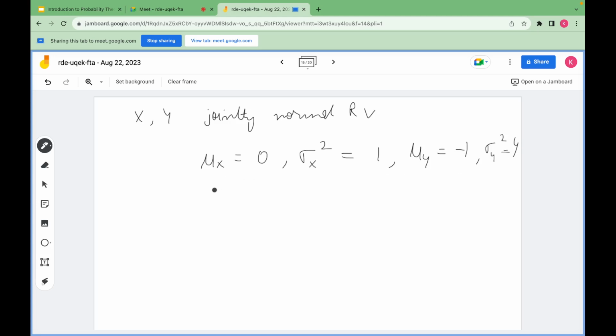Okay, and the correlation coefficient is given as 1 by 2.